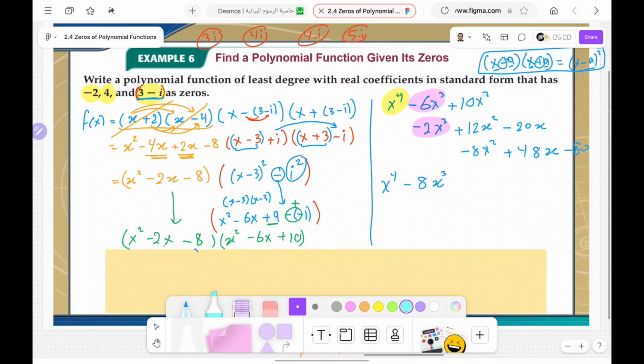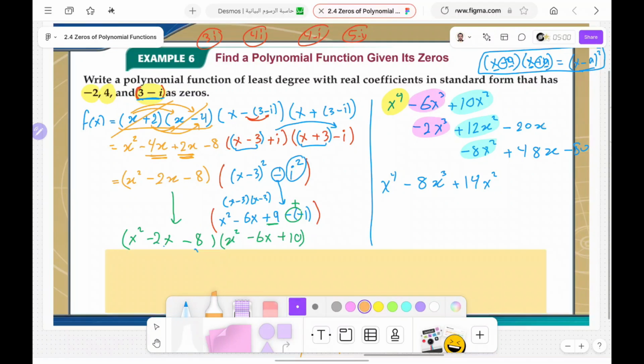Then we have positive 10x squared, 12x squared and -8x squared. All of these are like terms. 22 minus 8 is equal to 14, so plus 14x squared.